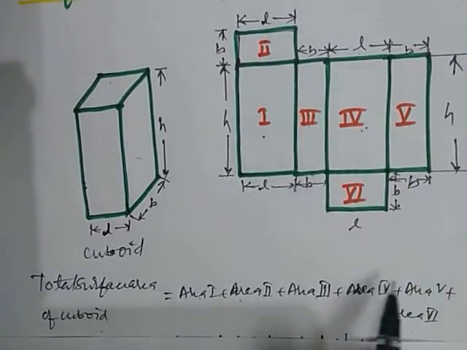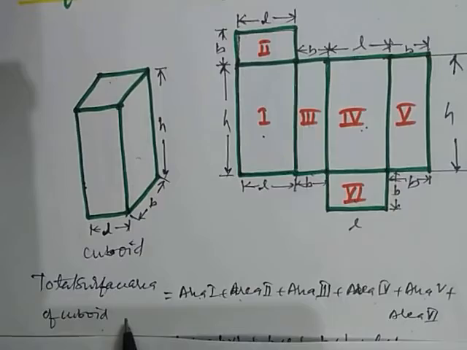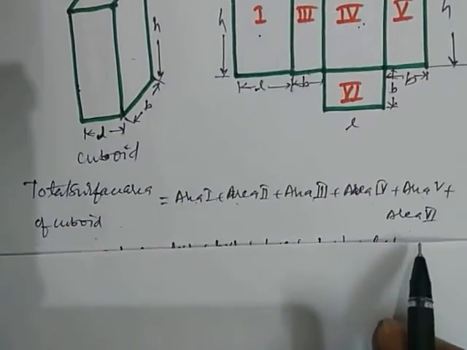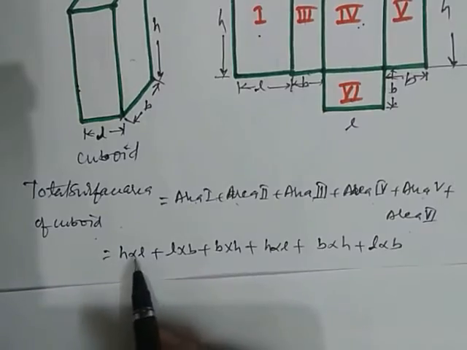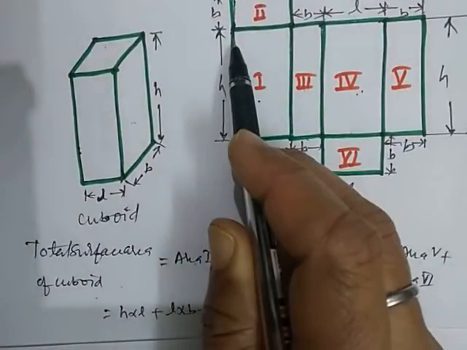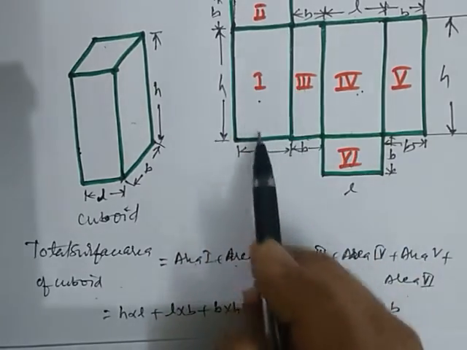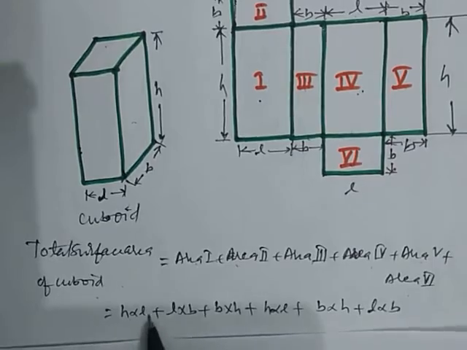By adding all these six faces, we find the total surface area of the cuboid. Now we start from the first. This is H and this is L, so the area of this is H into L.